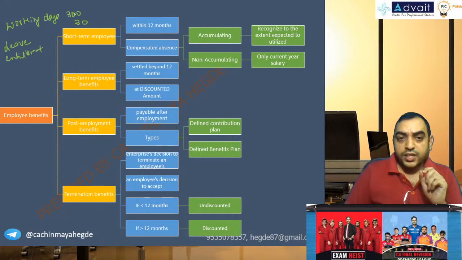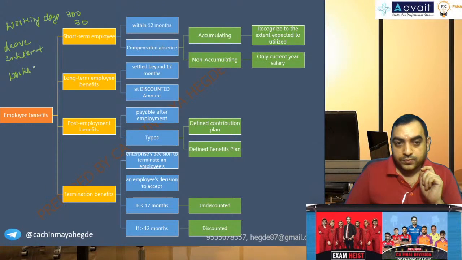Now the employee takes actual leave of 10 days. And his salary is, let's say, 3 lakh rupees.